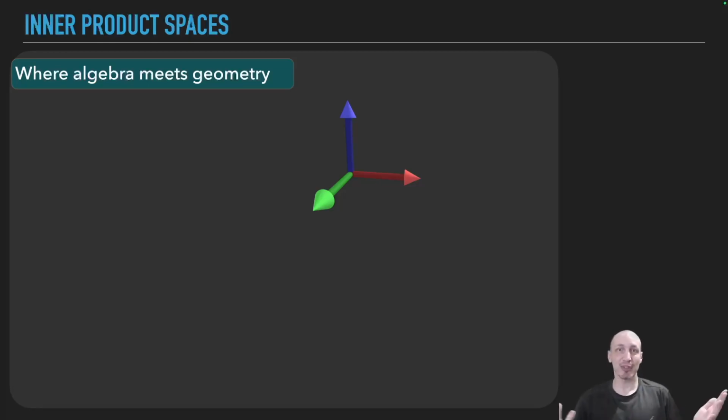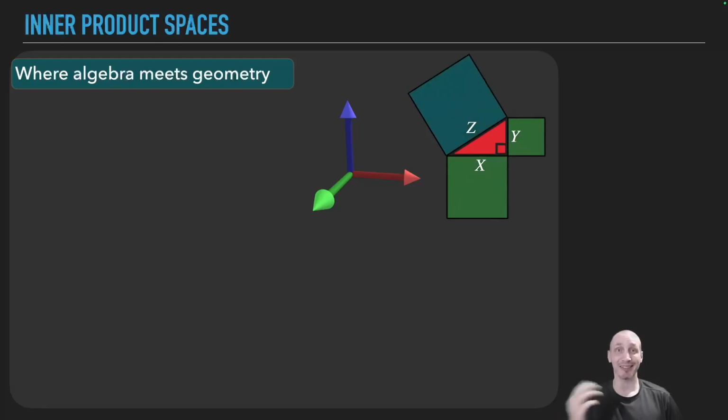Now once we have this geometry, once we have these angles, then we can put these angles in other places. For example, we can take shapes like this right angle triangle, and something that we all know about these sort of shapes is that if we put x, y, and z next to the sides of the triangle, these are its lengths, and then we put a square near x, y, and z, then the sum of the areas of the squares next to x and y is the area next to z.